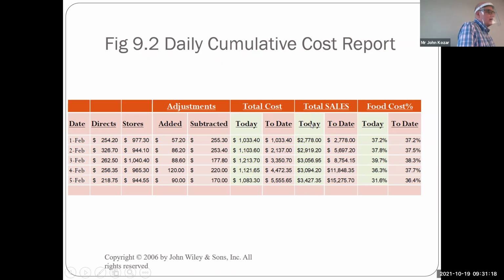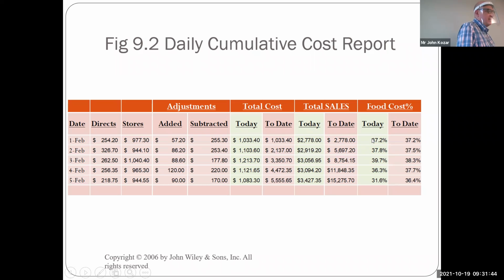We're also going to look at our sales the same way, day by day, and then a running total for the week. And we'll look at food cost percent. This is where the calculation gets a little bit tricky. In these to date columns, we're just adding everything together. But when we do food cost percent, you're doing a division.